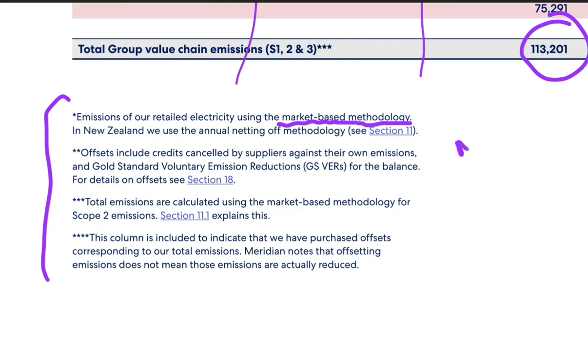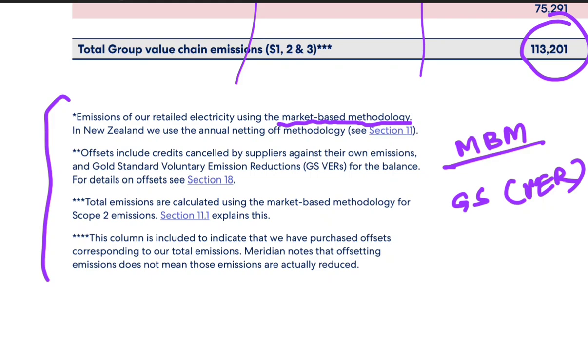So please remember the MBM concept, market based methodology. Offsets include credits cancelled by suppliers against their own emissions, and using the gold standard for voluntary emission reductions. So this is called GSVER, voluntary emission reductions for the balance.